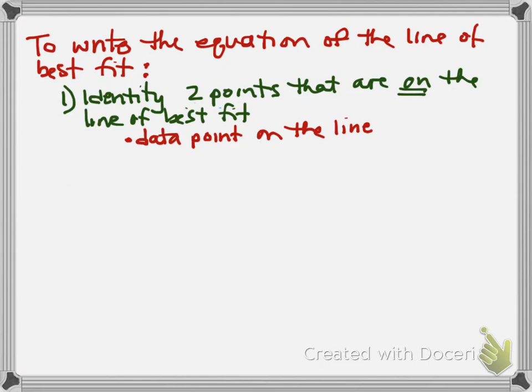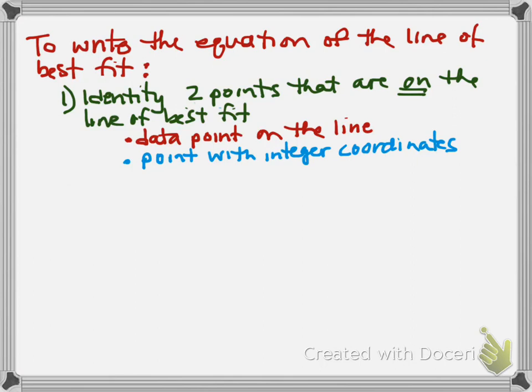Or you're going to look for a point with integer coordinates. So you're going to look on your graph and where did your line cross the intersection of lines of your graph paper. So when you're doing a line of best fit, you guys got to use a ruler so that you get an actual line that's straight.